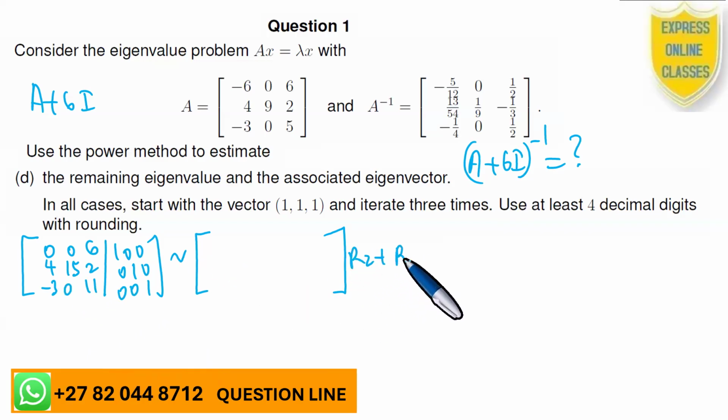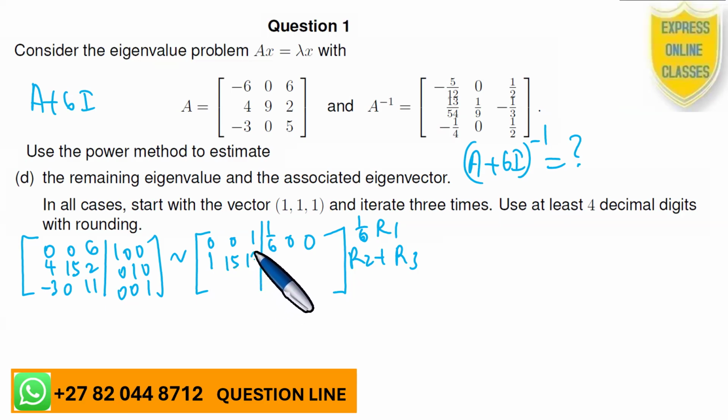row 2 plus row 3. 1 over 6, row 1. 0, 0, 1. 1 out of 6. And then you have 15, 13, 0, 1, 1.